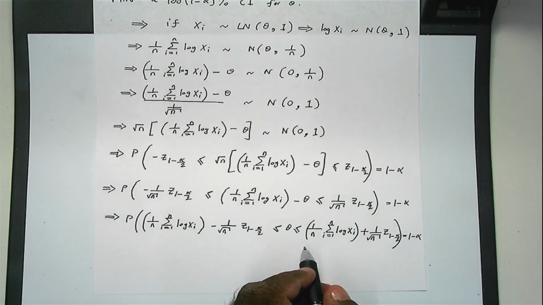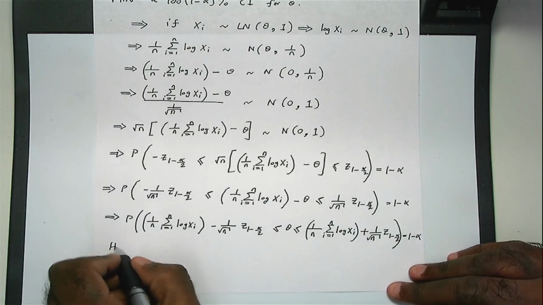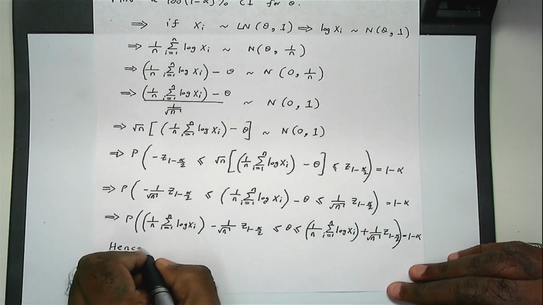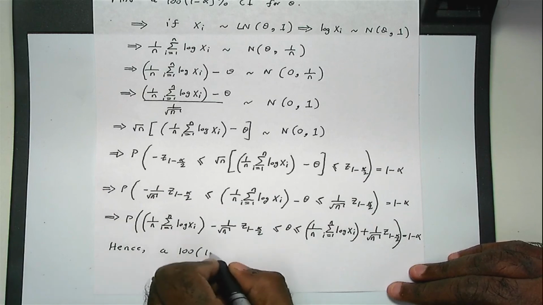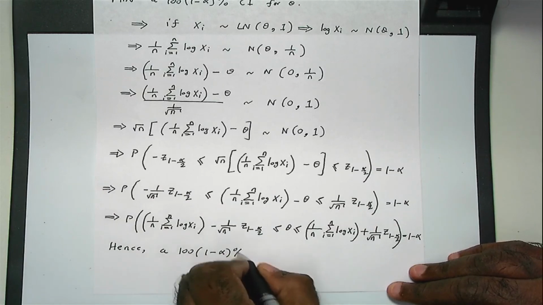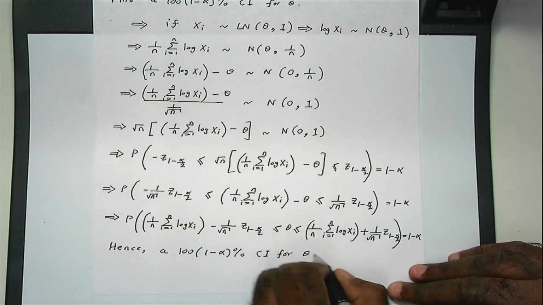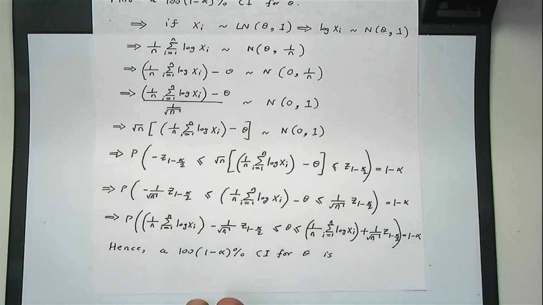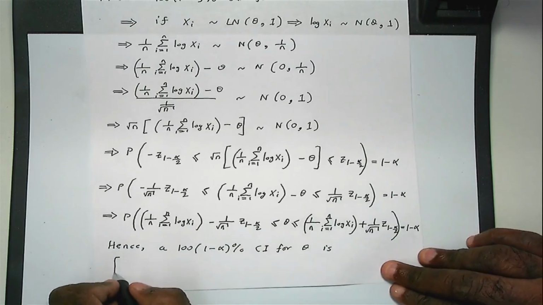So the conclusion is the following: hence 100 times, so the lower limit is going to be this one.